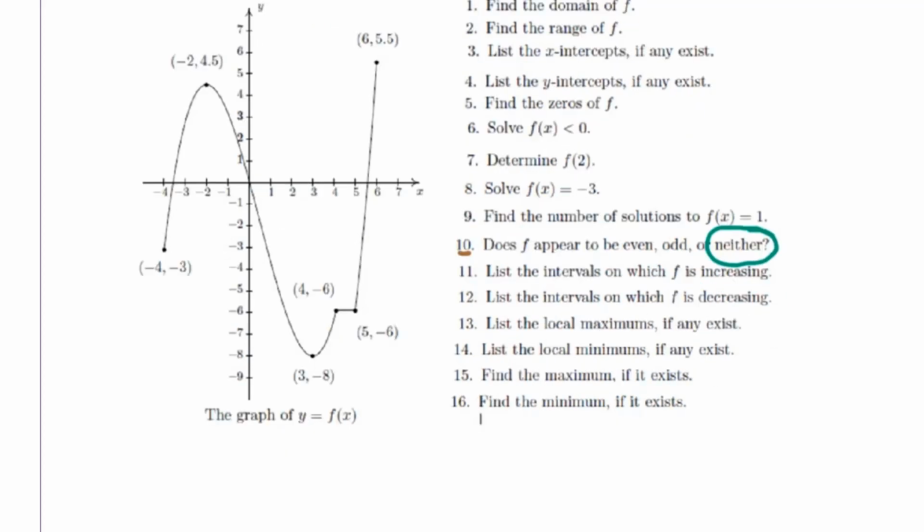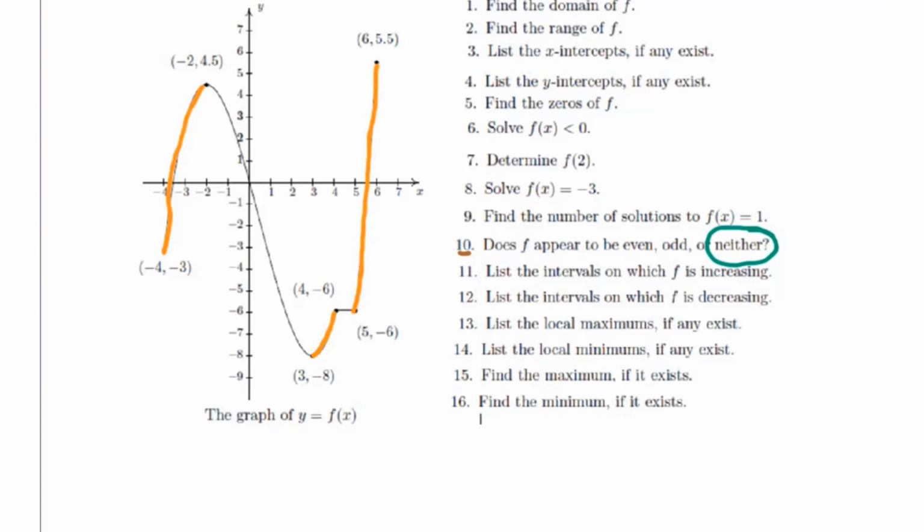For number 11, list the intervals on which f is increasing. Look at the graph from left to right. Which part of the graph is going up? We got from here to here, this part and also this part. It's increasing because the graph is going up.